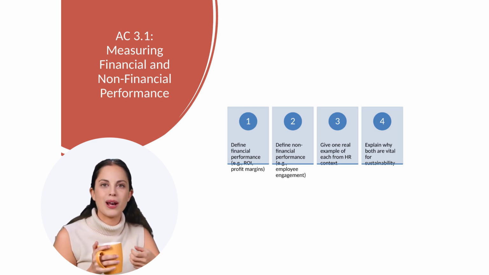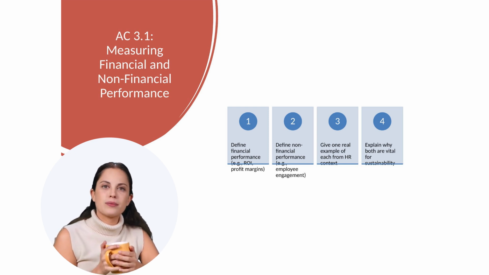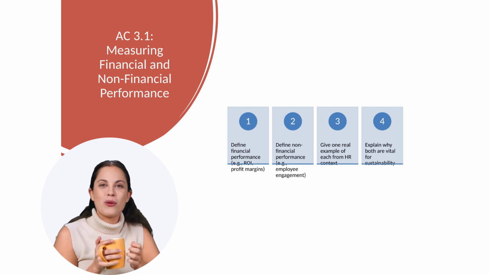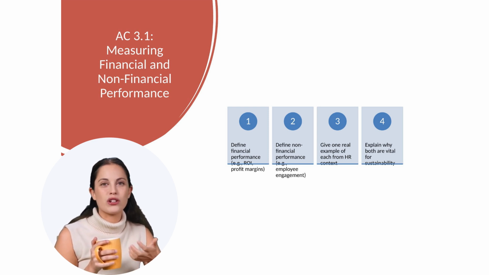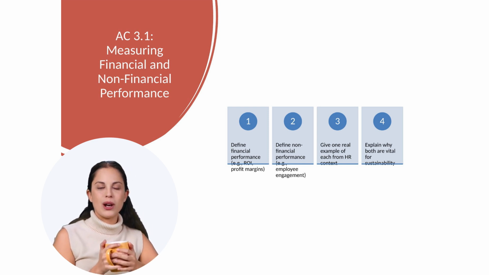For example, a company may track return on investment in L&D, financial, and improvements in team morale post-training, non-financial. HR must align both types of data to support strategic goals. Emphasize how balancing financial and people metrics ensures long-term viability. Link to balanced scorecard or CIPD metrics for credibility and show integrated reporting benefits.